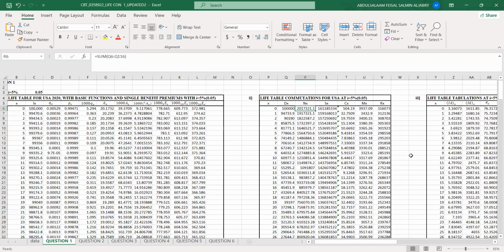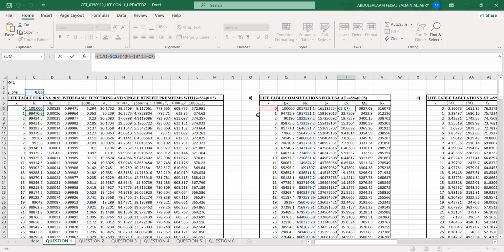Now for Nx, the formula is the summation of Dx. As you can see, I just inserted sum until Q116, which is the summation of Dx from 0 to 110. Just press enter and get the Nx. And to get the Sx, the same, just sum all the values for Nx until 110. And for Cx, basically it's the same formula as calculating the Dx.